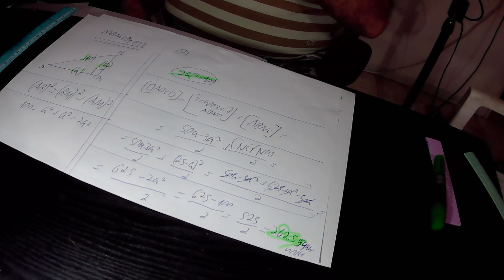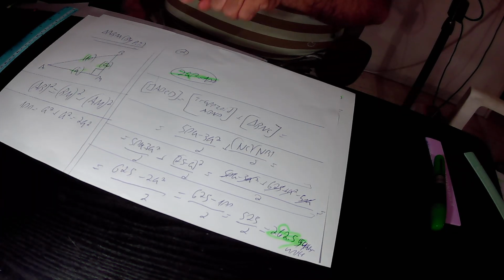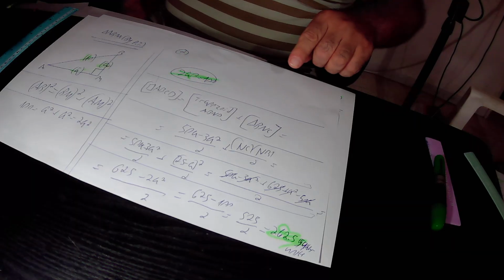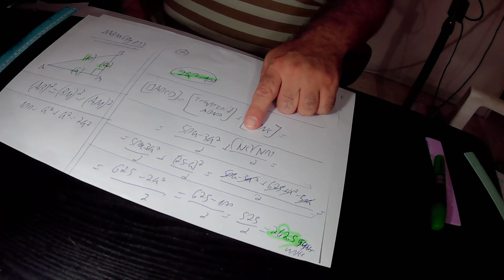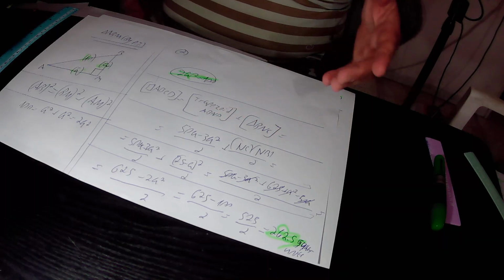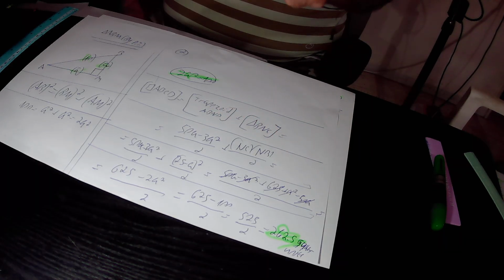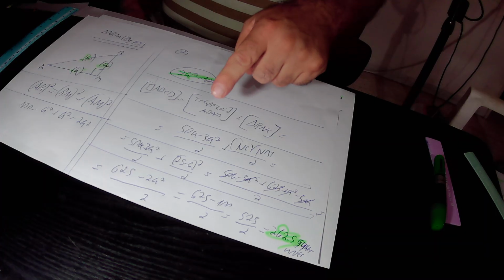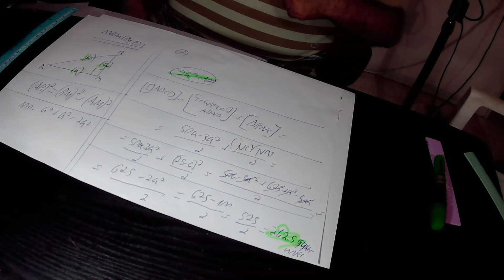So the area of quadrilateral ABCD in total equals 50A minus 3A squared over 2, plus NC is 25 minus A, times BN, which is also 25 minus A, so 25 minus A times 25 minus A is 25 minus A squared, divided by 2.